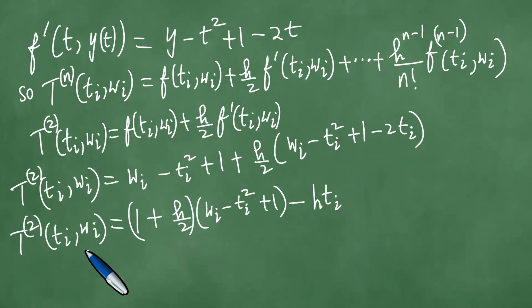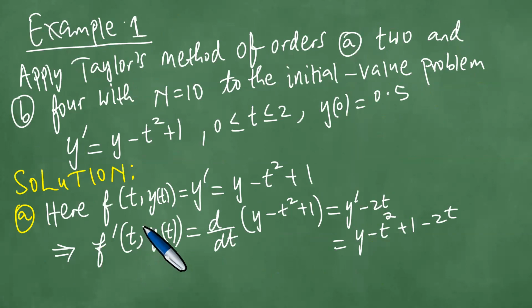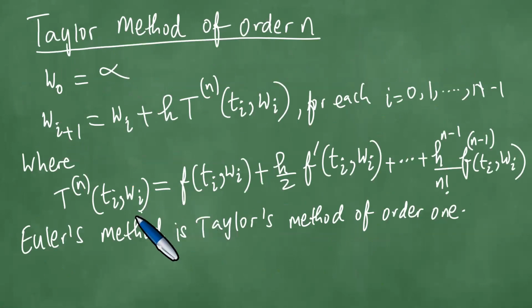What is the formula? We got the T2. So if you got the T2, then you come to the Taylor method. We got the T2, then you must put it here.